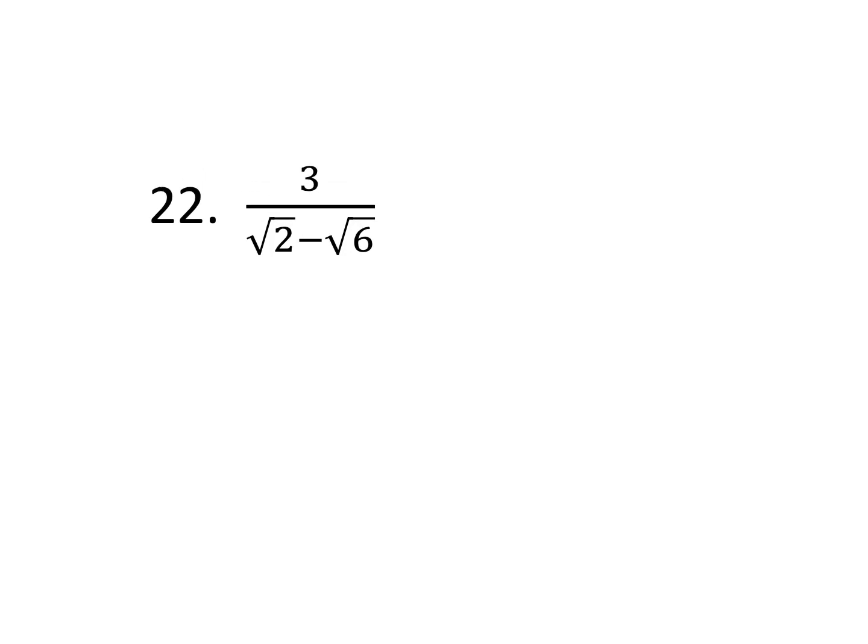And now we go to distribute the bottom. Make sure you do first, outer, inner, last, or make sure you multiply both things twice. So square root of 2 times square root of 2 would get me a square root of, you can multiply those, 4, right? Square root of 2 times positive square root of 6 is positive square root of 12.